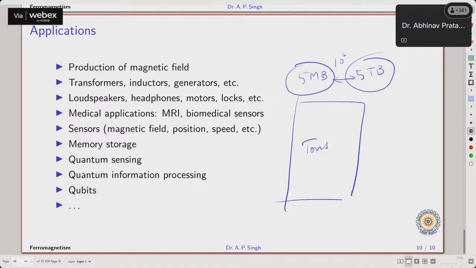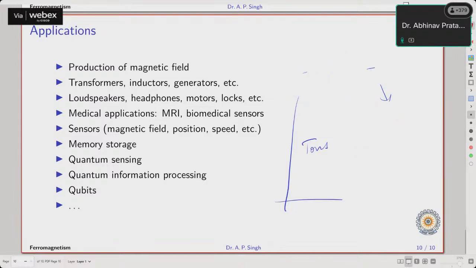And this 5 MB was also because of ferromagnetic materials, and this is also due to ferromagnetic materials. It is just that we developed quantum mechanical understanding of how these magnetic materials work, and then we have reduced their sizes very, very drastically.